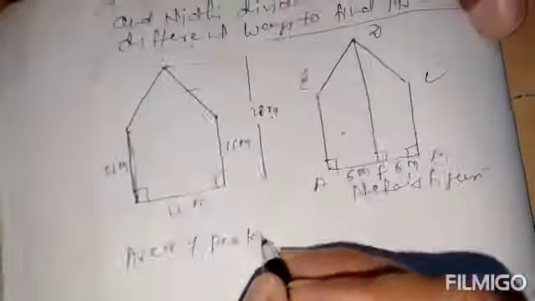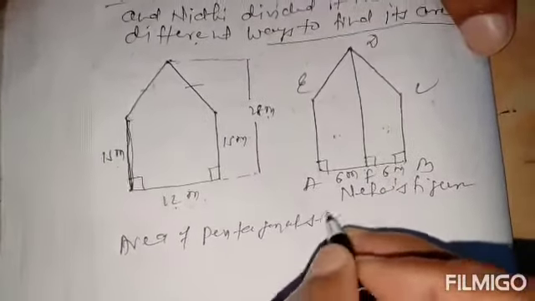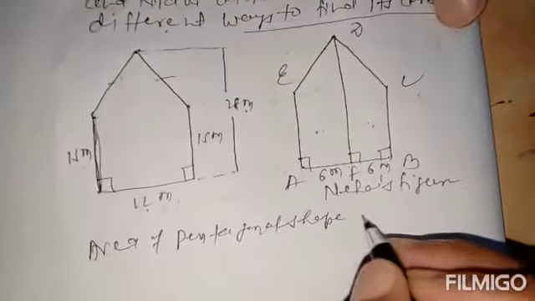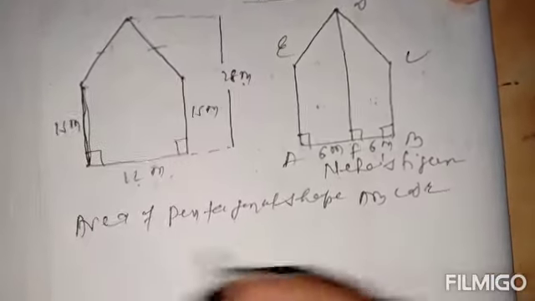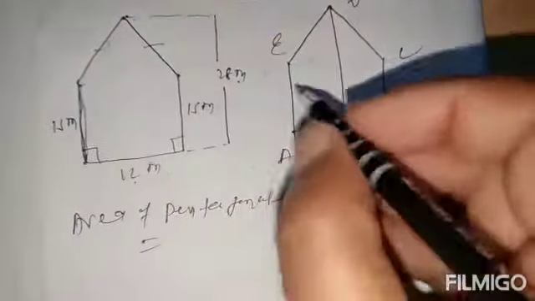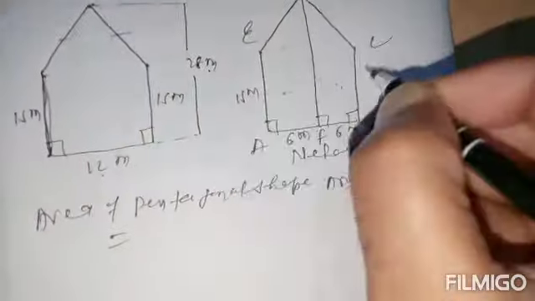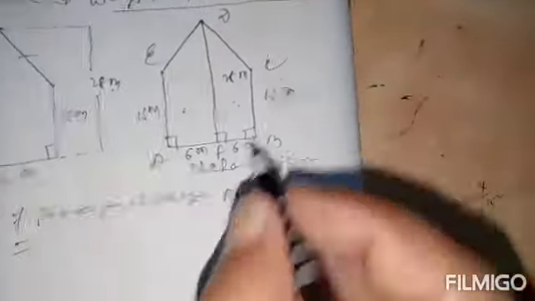Then area of pentagonal shape ABCDE is divided into two equal trapeziums. 15 meter, this one is 28 meter, and height is 6.